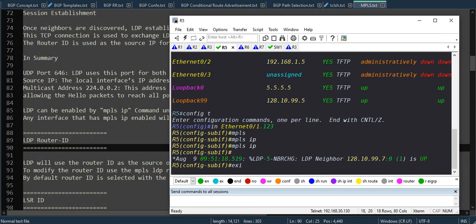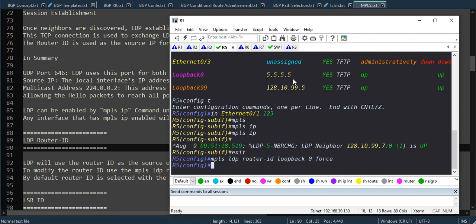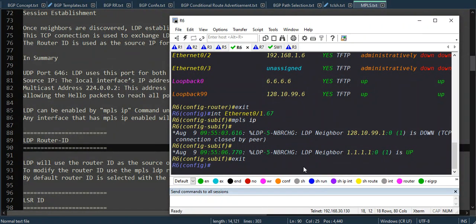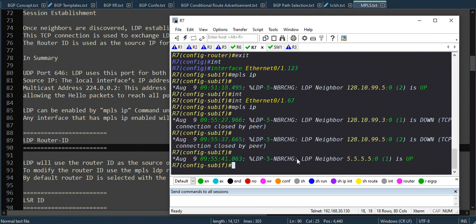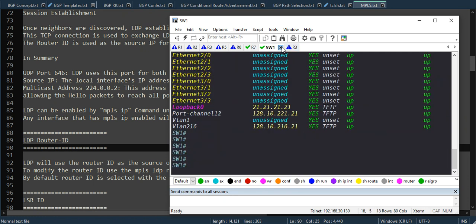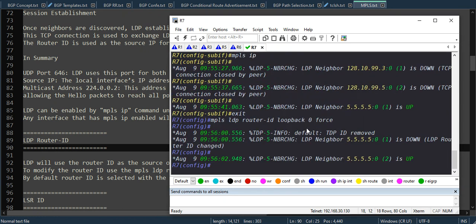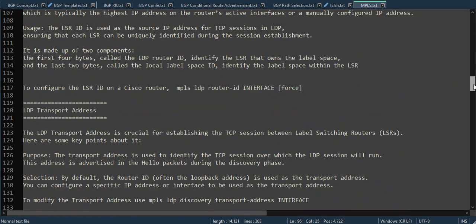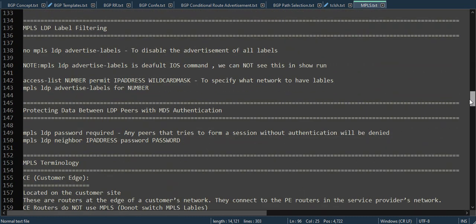R5, R6, and R7. And now next, authentication. How to use MD5 authentication: I have to specify MPLS LDP password required.